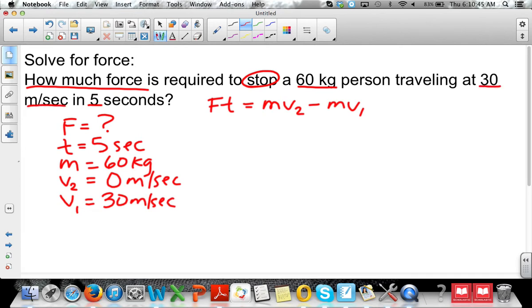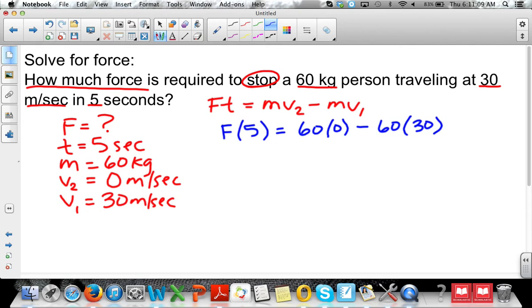Okay, so I have all my variables. There's more than we're used to, but we have them all. Now I'm going to go plug them in. So F is what I still don't know. T is 5. Mass is 60. V2 is 0. Mass again is 60. And V1 is 30.